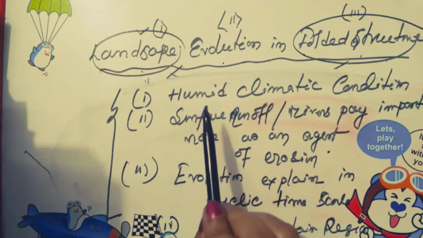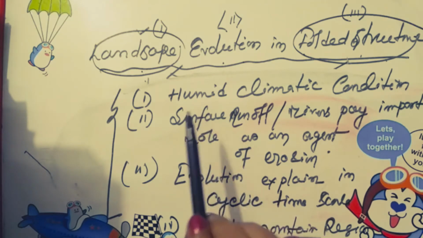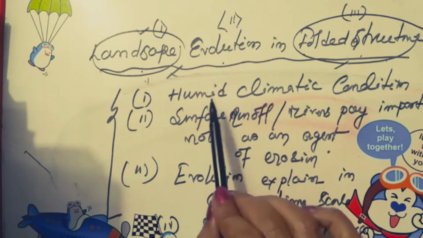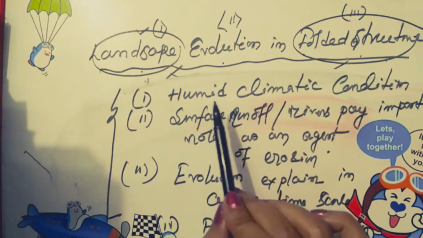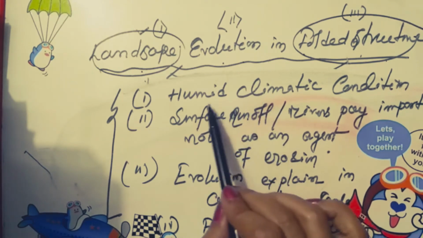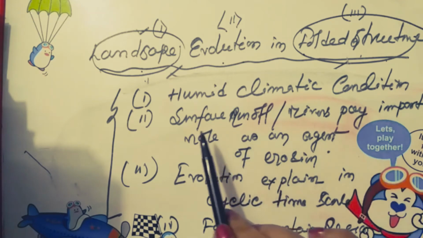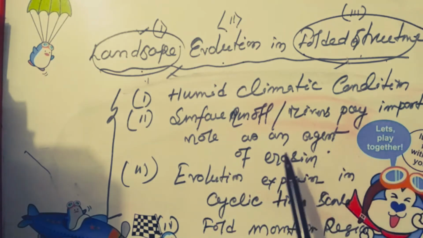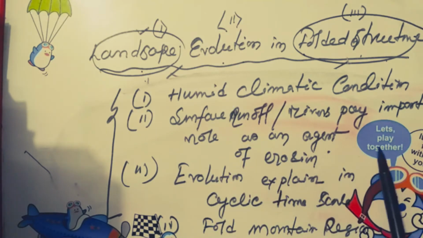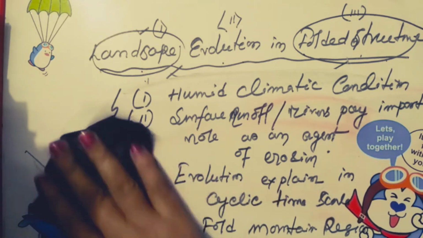First one is the zone: the area of landscape evolution lies in the humid climatic condition. Surface runoff plays an important role as an agent of erosion. Evolution is explained in the cyclic time scale, and folded mountain region বা folded structure region এর জন্য এটা applicable.